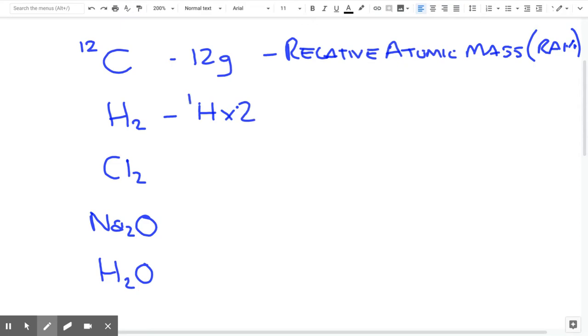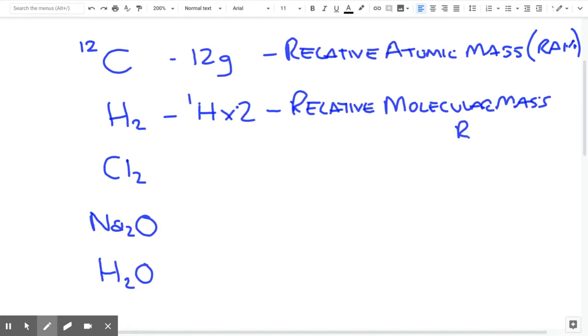And so this is going to form a relative molecular mass. It's a terminology difference, because we're forming a molecule, but this is going to produce a relative molecular mass, or RFM or RMM in this specific case.